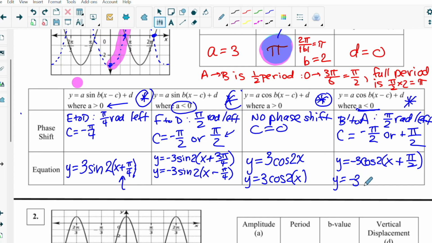So y equals negative 3 cosine of 2 times x minus pi over 2. And that's the other way you can think about it.